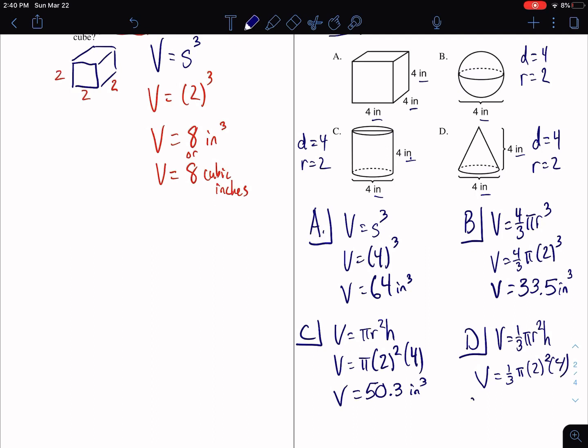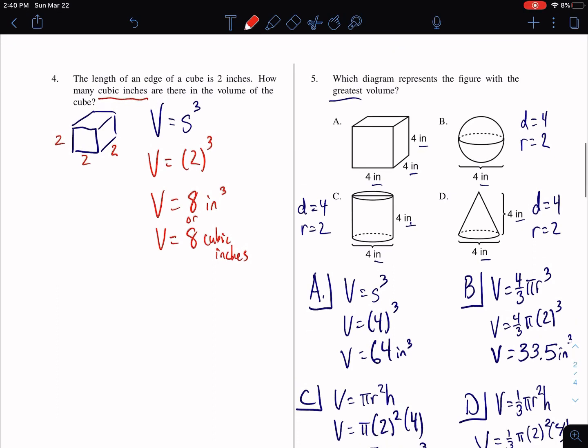Okay, so we're going to plug that into our calculator. So 1/3, we plug in pi, our 2 squared, and our 4, and we get a grand total of 16.8 inches cubed.